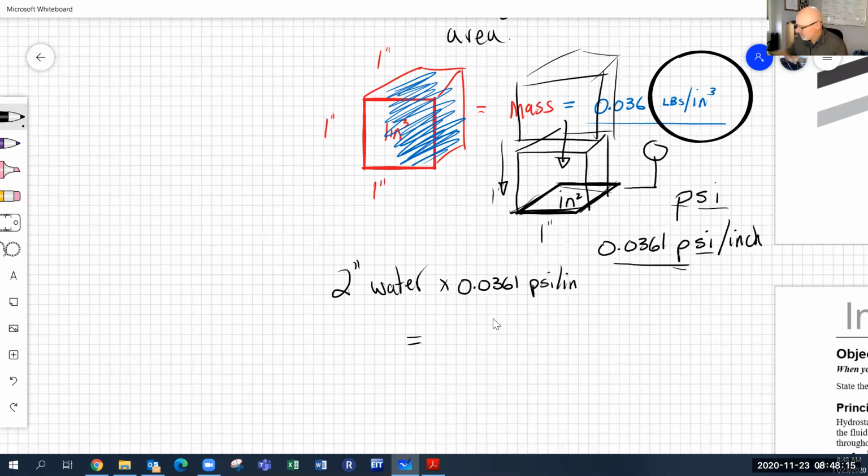So that would come out to 0.0722 PSI for 2 inches of water.